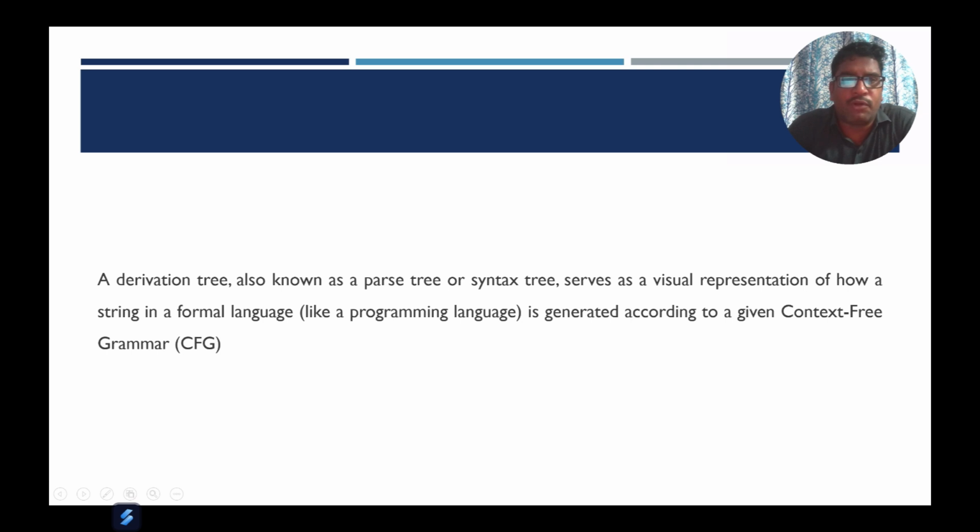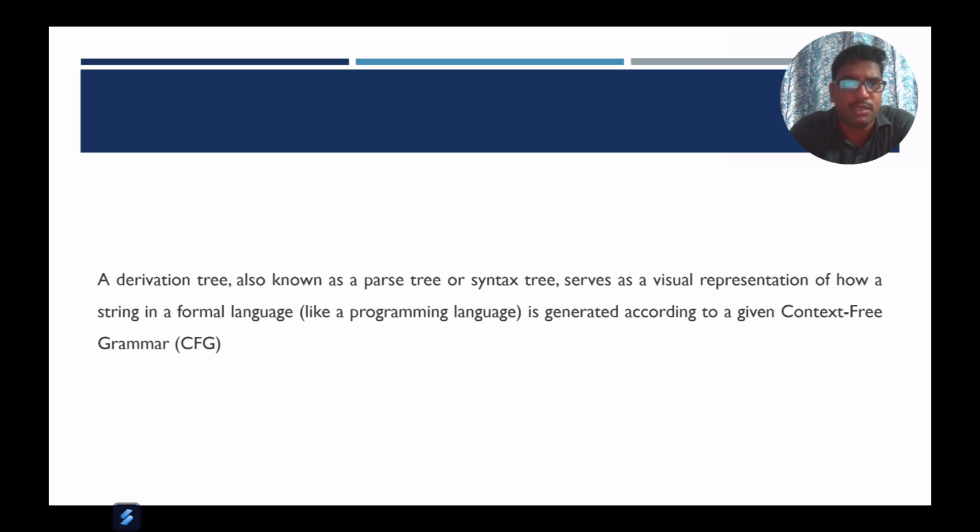The derivation tree is also known as parse tree or syntax tree. It serves as a visual representation of a formal language, like a programming language, generated according to a given context-free grammar. The grammar contains the productions or rules.